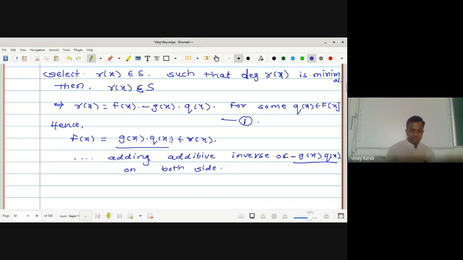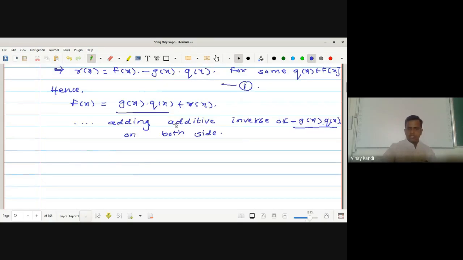Okay. Now there are two possibilities of r of x. First one, if r of x is equal to 0, then degree of r of x is less than degree of g of x.